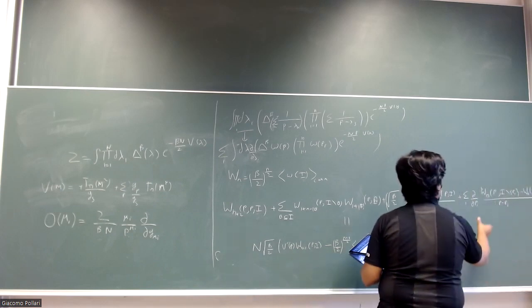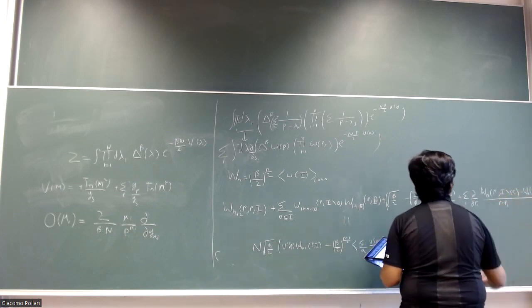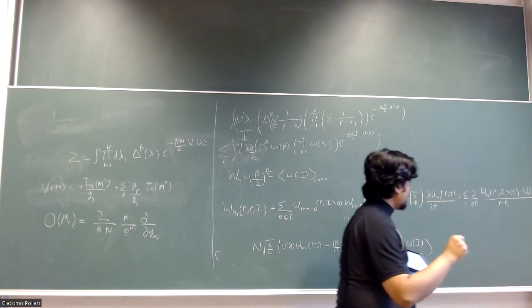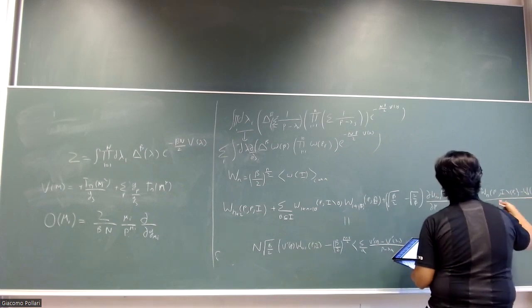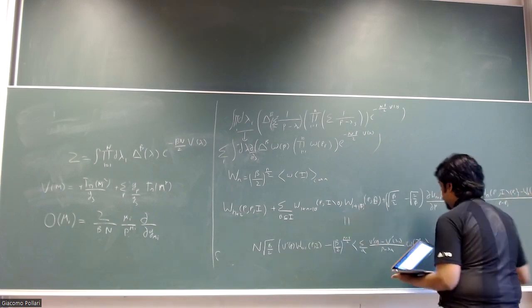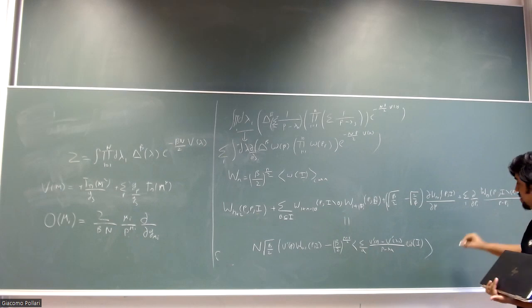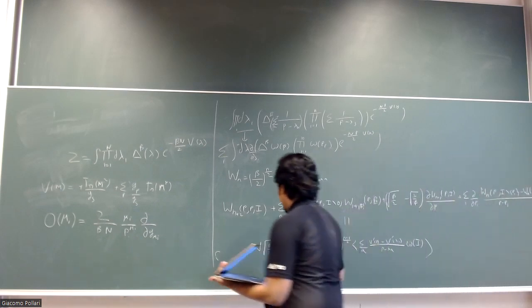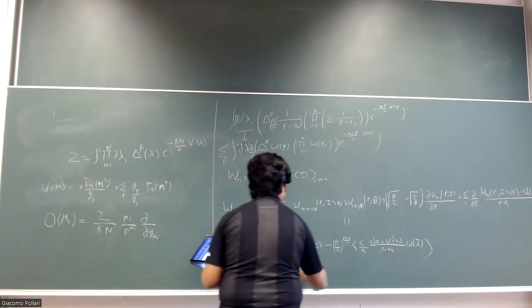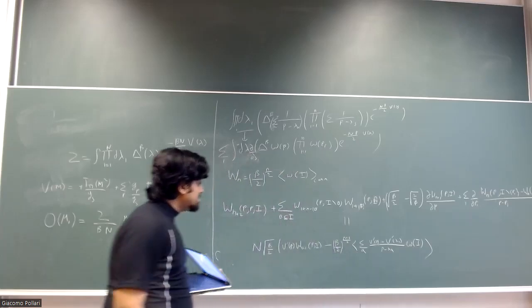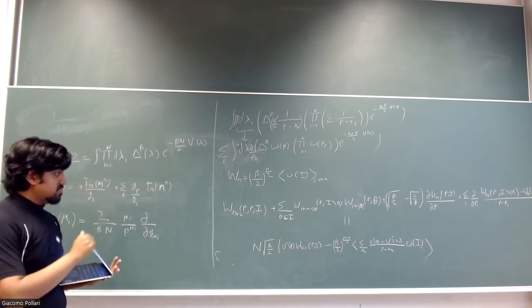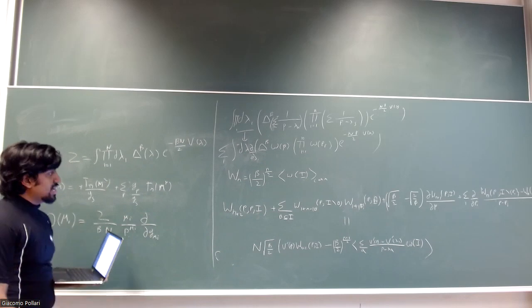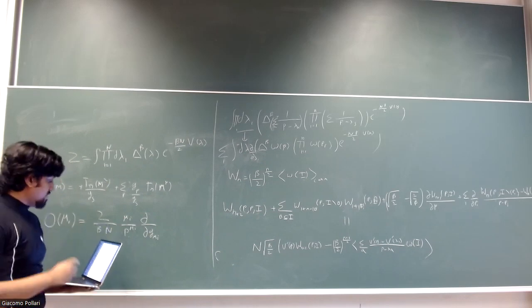Then you have things like this, where you have one that's exclusively not connected to a specific point. You have one insertion, but that specific point is not connected to anything else. These are the terms that you get from the potential. They do not have a very specific geometric determination. So this is what you get for connected diagrams.